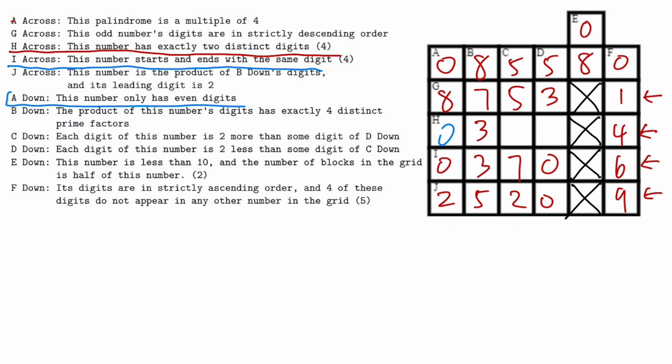Well, no. Because if we have 0, 3 in H across, that means either we have 0, 3, but this right here, remember, 0 is not 2 more than any of these numbers here, so it's not possible. And if I put down 3 here, that means we must have a 1 somewhere here, but I don't have 1, so we cannot have 0 there. And 4 and 6 we cannot use, so that means we must have a 2 there.